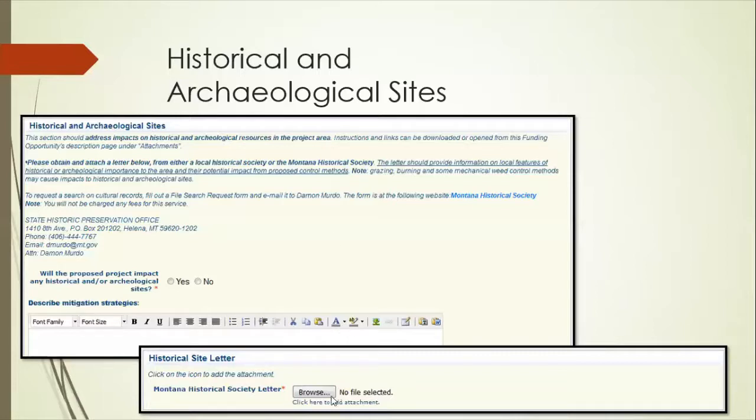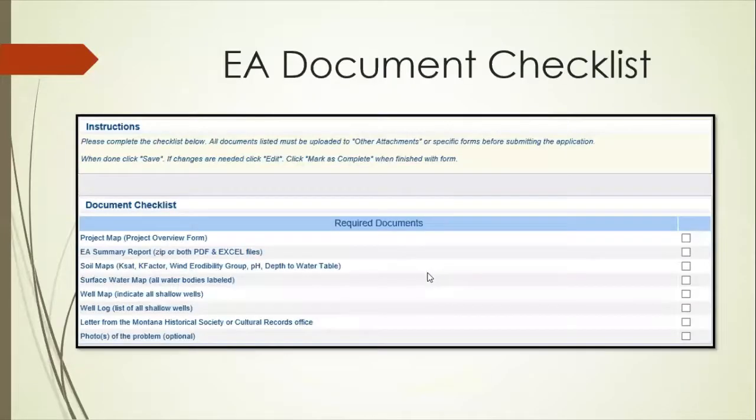Again, you'll want to attach the letter from the Historical Society or from the historical agency that you have worked with to produce that information, especially if it's local. This can be done through an email or an actual letter. And again, describe your mitigation strategies.